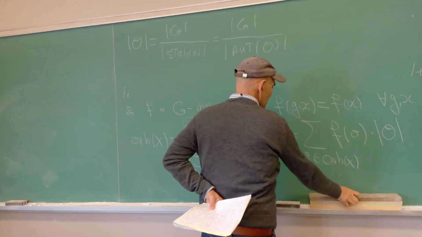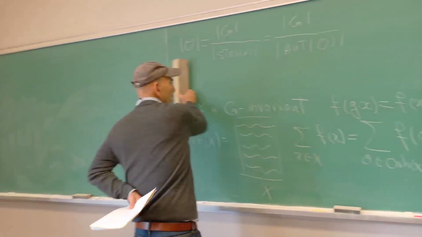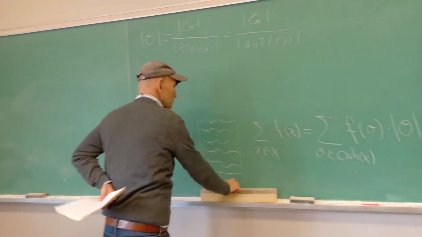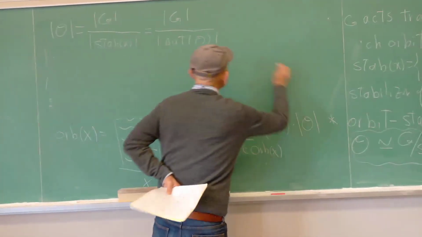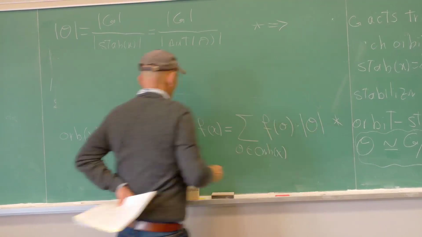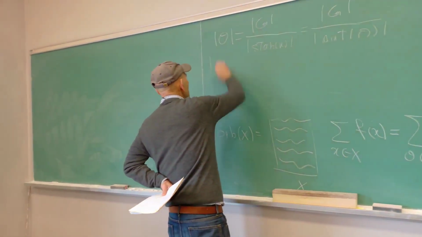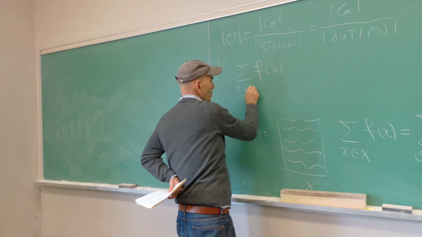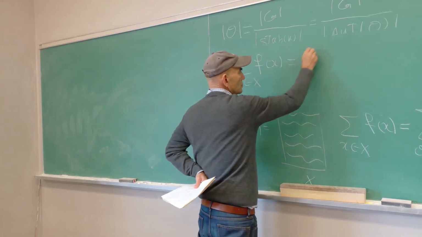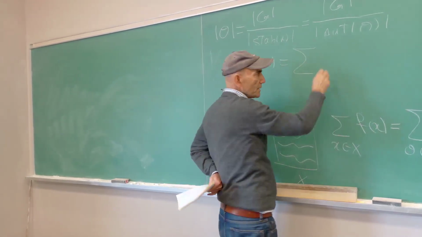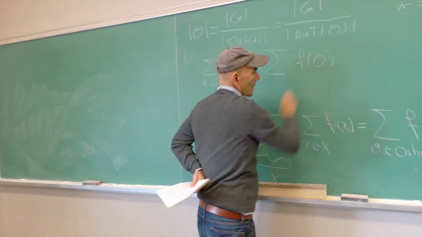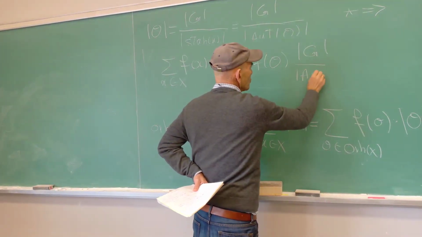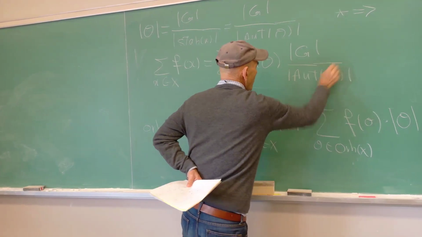So the formula star gives us that the sum of f(x), x belonging to X, is equal to the sum over orbits of f(O) times the order of G divided by the order of the automorphism group of the orbit.